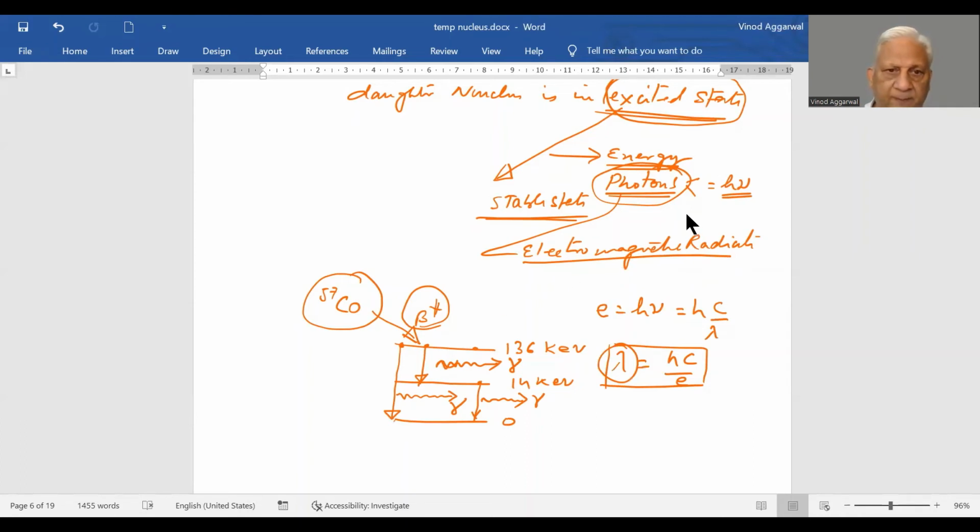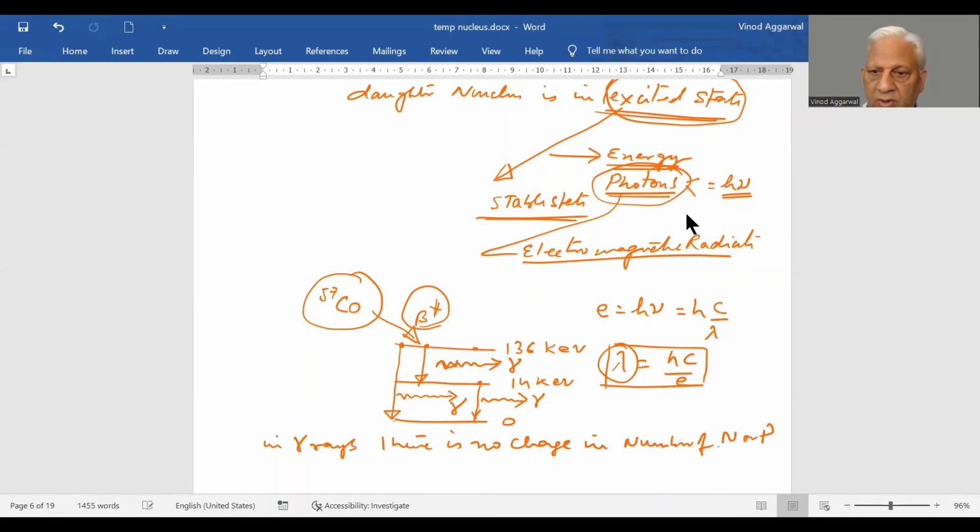As we have seen in gamma rays, there is no change in the number of protons or neutrons.